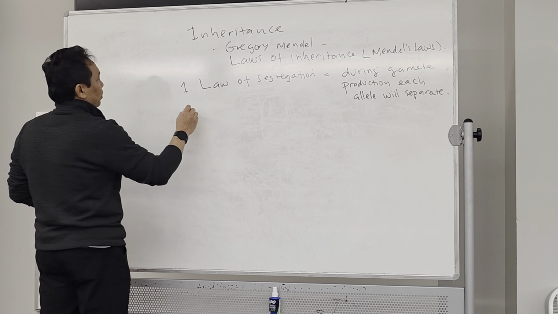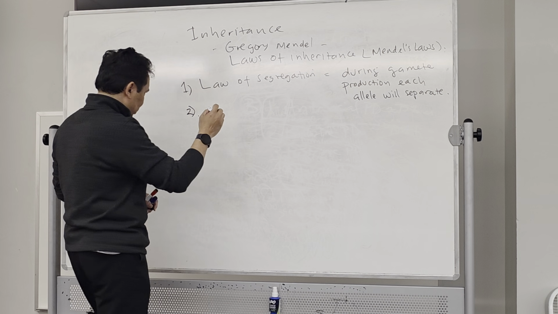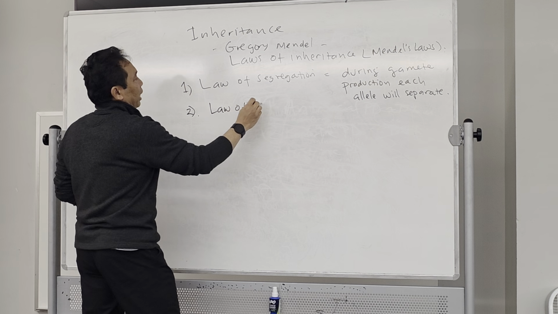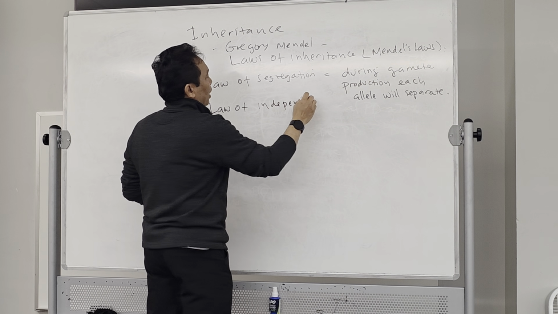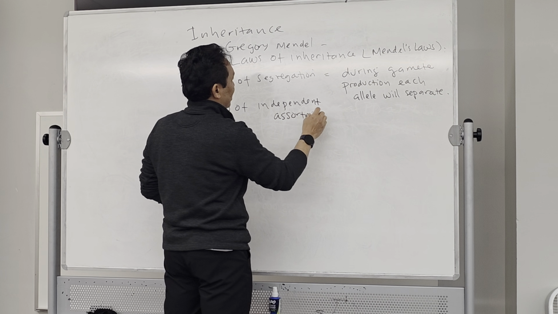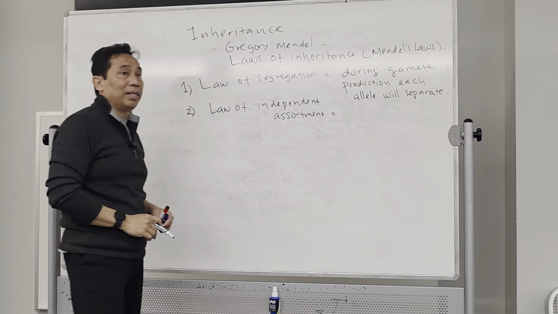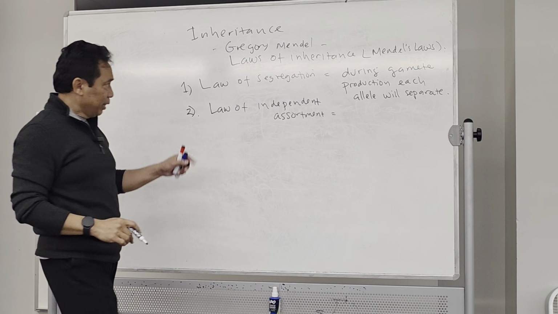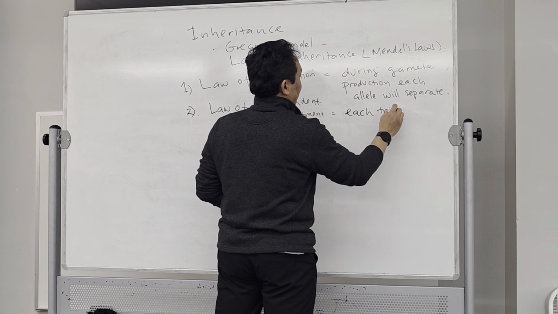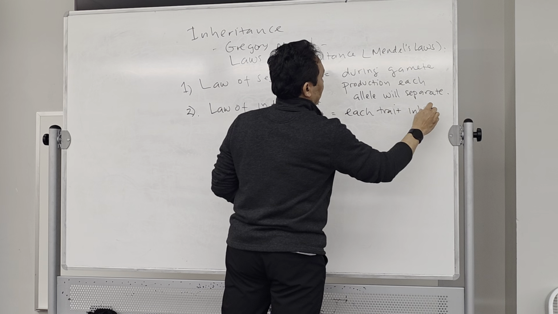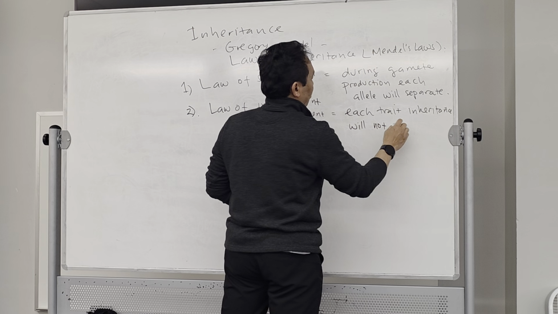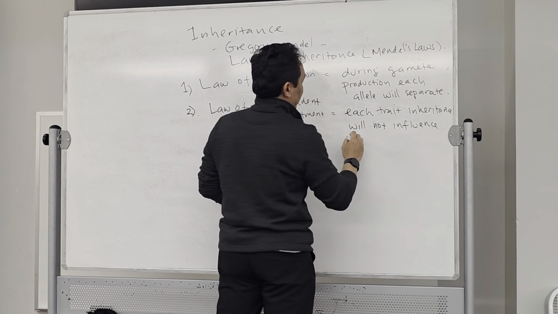The second law is called the law of independent assortment. It's actually telling us that the inheritance of each trait will not influence the other trait.